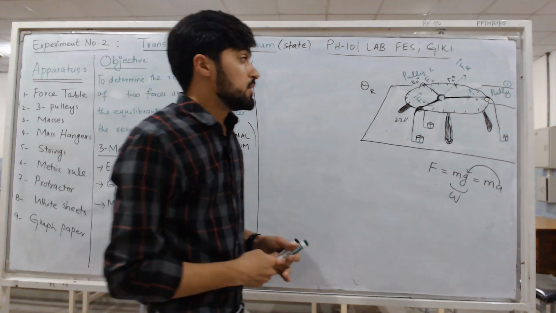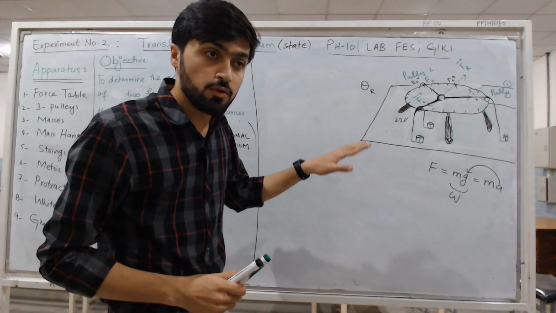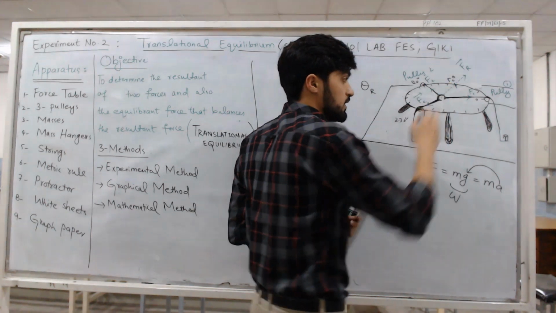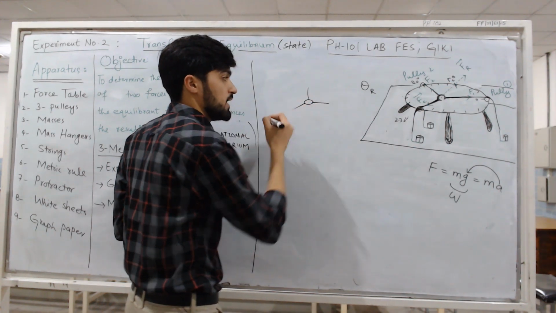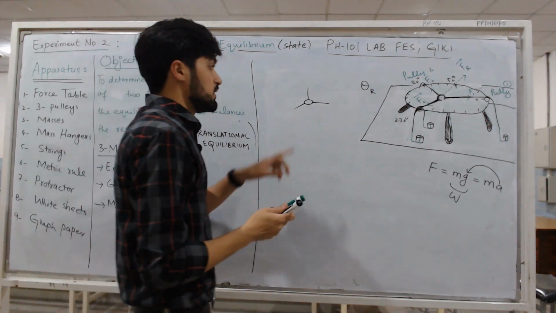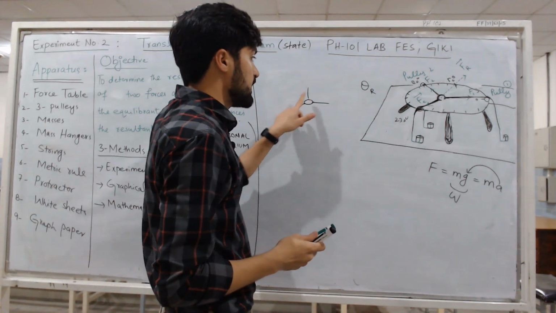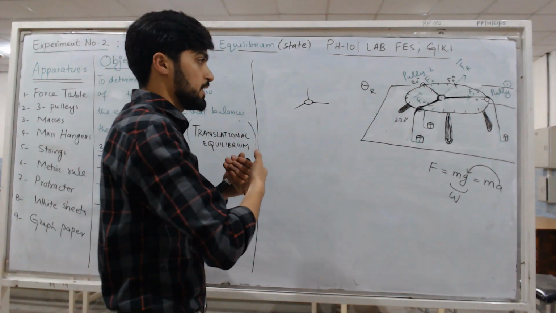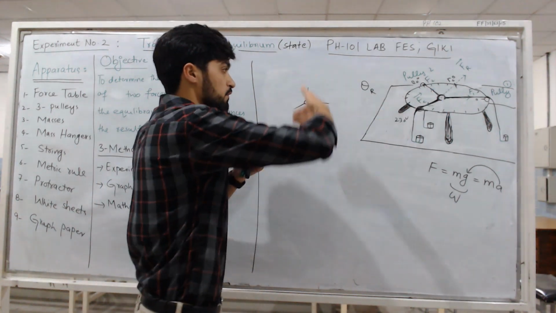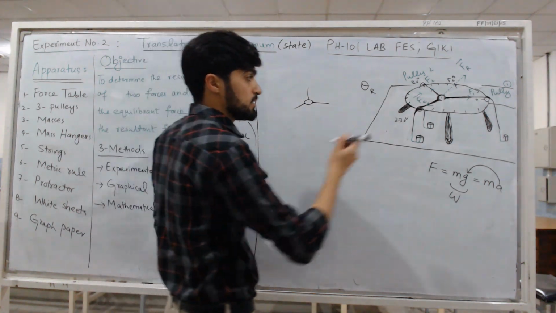It depends. How do we know that the system is in equilibrium? There will be a plastic ring that is held by the strings, and this plastic ring is acted upon by F1, F2 and the equilibrium force. There is a central point.